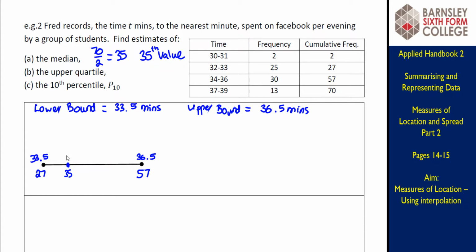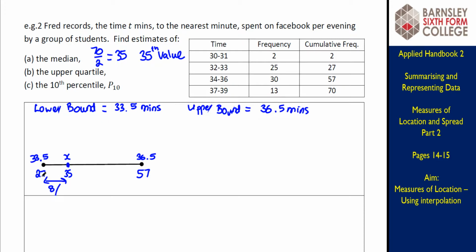So we're trying to look for this value here, which I'll call x. Now I'm going to show you two different ways of doing this. I'll do two different examples with two different methods, and you can pick which one you like the most. For 27 and 35, there's 8 values there altogether. What I'm going to look at is what fraction of the way this number is into the line.